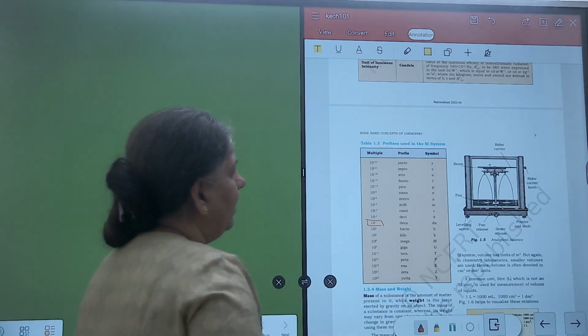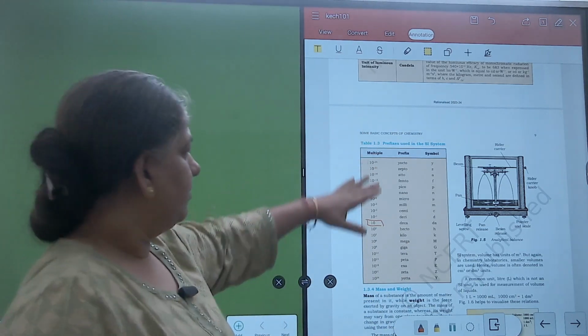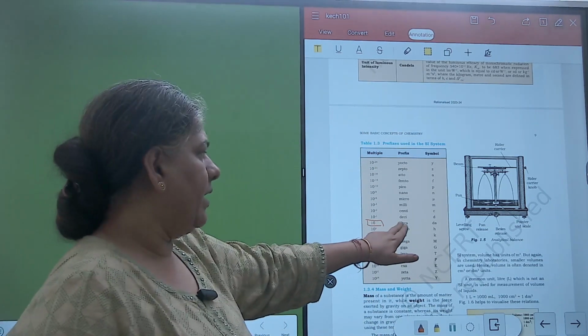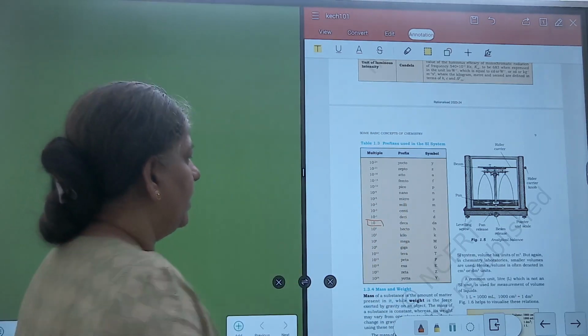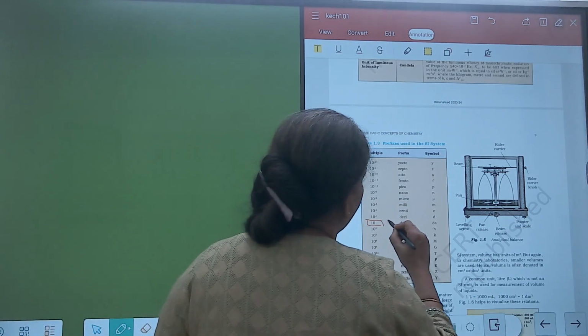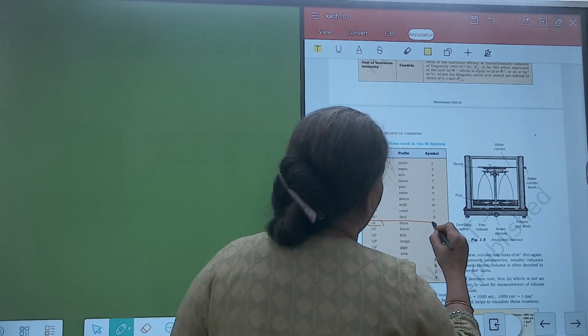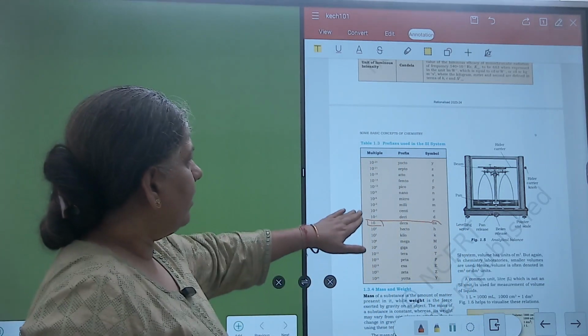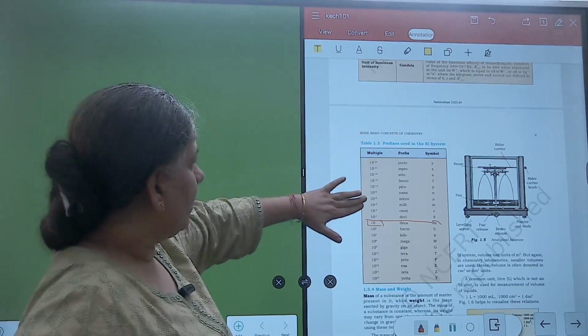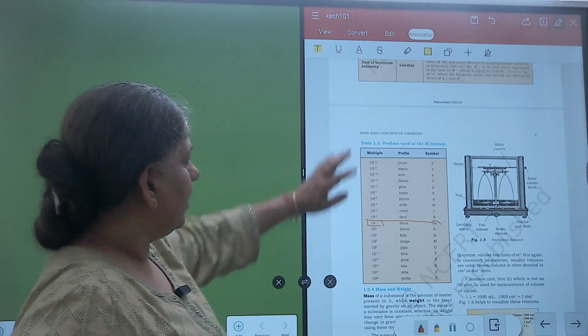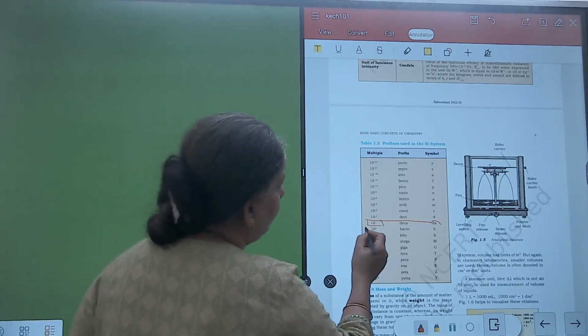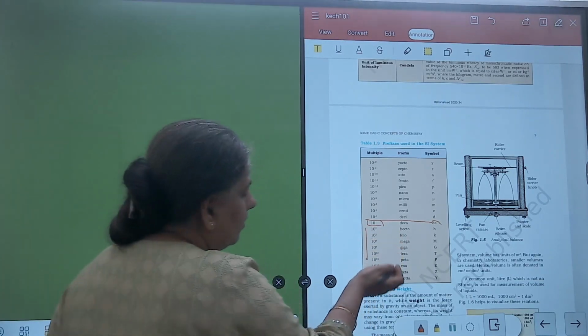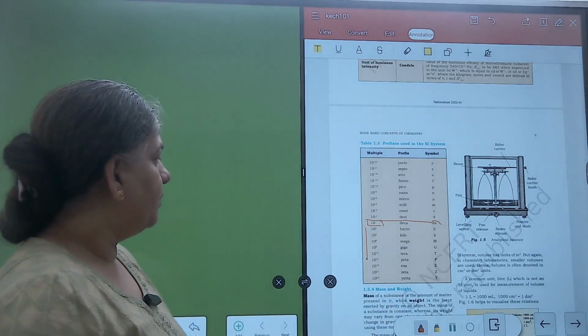Divide this table into 2 parts. Our baseline is deca, 10. All the units above this are smaller units, we are going towards smaller units. And if we are moving downwards, we are moving towards higher units.